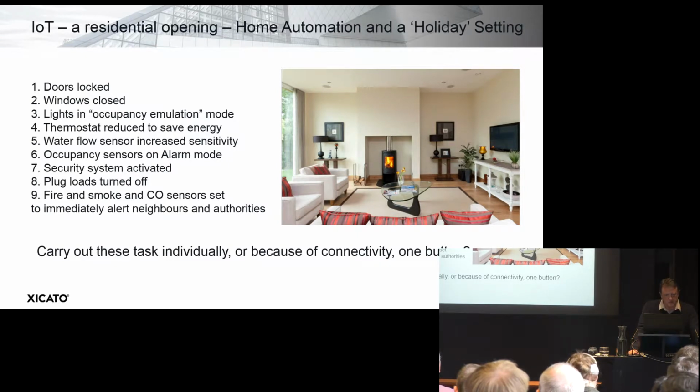Is the thermostat reduced to save energy? Water flow sensor for increased sensitivity to prevent breaks or flooding? Occupancy sensors on alarm mode? Security system activated? Plug loads off? Hi-fi? Television, computers, etc. Fire and smoke and carbon monoxide sensors set to immediately alert neighbours and authorities. To do these one at a time, or one switch saying I'm off, which makes more sense.